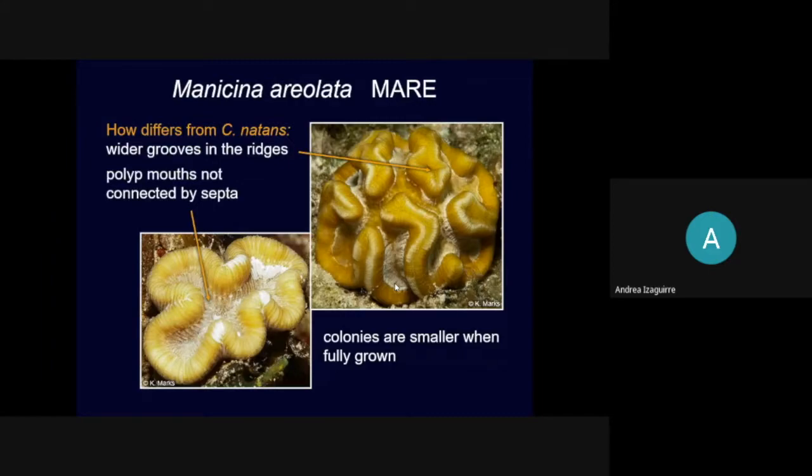And because of its small size and the fact that the groove along the top doesn't create that distinction that our CNAT does, it gives this coral kind of a scrunchie look. Because it's so small, it looks like a scrunchie for your hair. So that's what I use to remember this coral. And again, your biggest clue is going to be size when you see this coral.